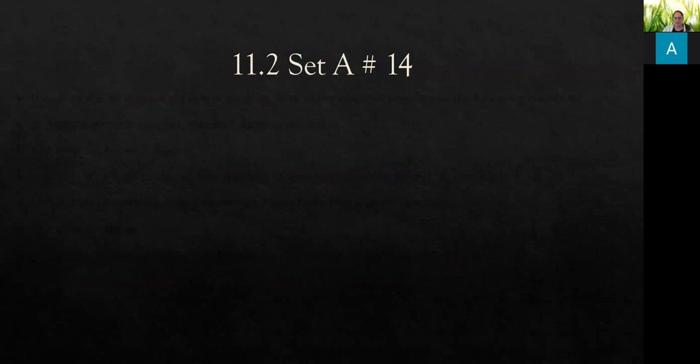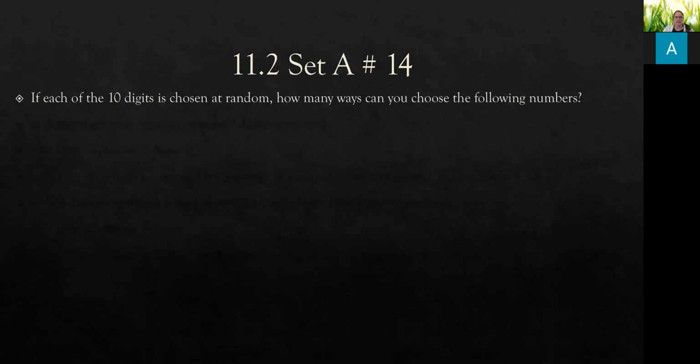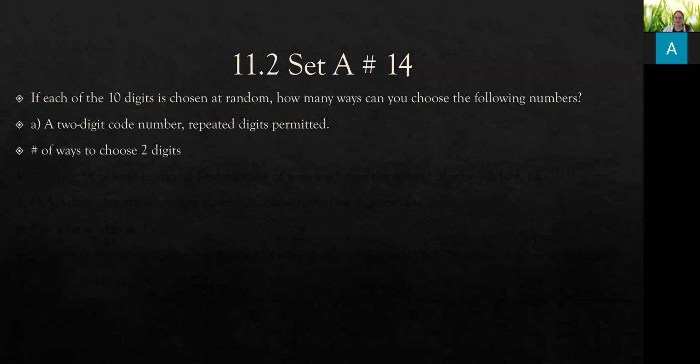Next, we're going to look at number 14. It says if each of the 10 digits, 0 through 9, is chosen at random, how many ways can you choose the following numbers? First, we have a 2-digit code number, and you're allowed to repeat digits. So the number of ways of choosing 2 digits.